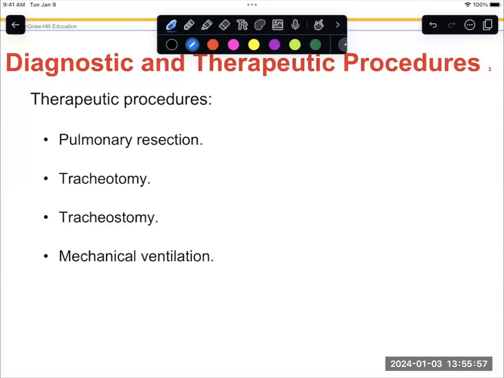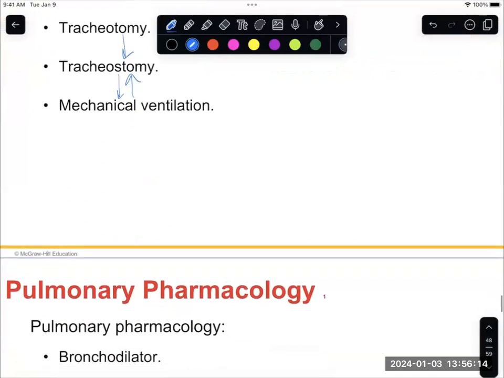And then that mechanical ventilation is used in conjunction with this tracheostomy to provide artificial breathing to a patient. So that tracheotomy will put in a tracheostomy, and then they'll use that mechanical ventilation to help that person breathe.